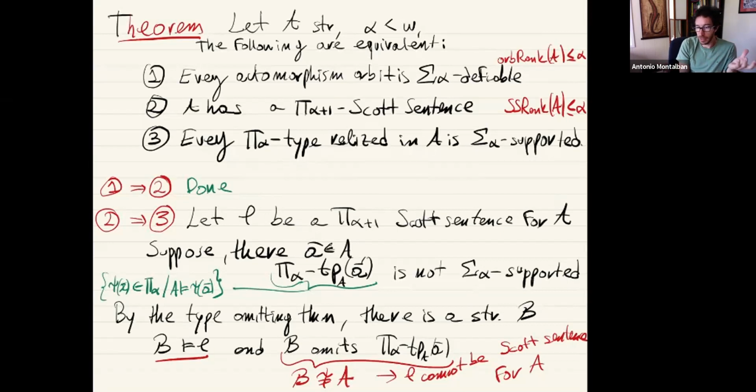And the same when the prime subfield is the rationals. In that case, you don't have a term, but every element m over n is the unique element that when you multiply by n, you get m. So you can write that with Sigma 1 formulas. So every rational is definable in an existential, or quantifier-free, way.